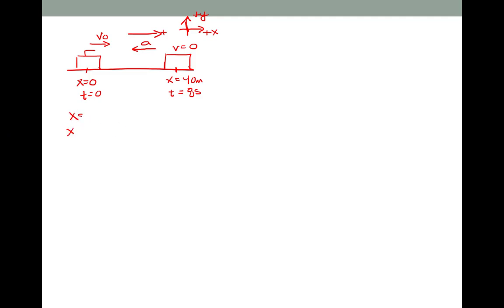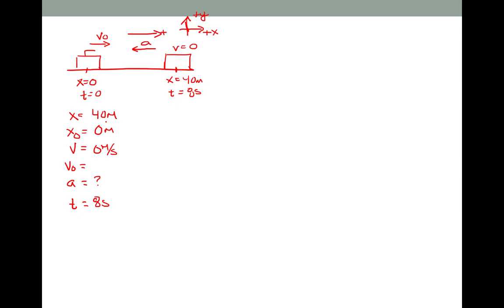Now I can define my grocery list. Okay, so t equals 8 seconds. The acceleration is what I want to know. My initial velocity, I don't know. I do know that it comes to a rest, so that's 0 meters per second for the final velocity. My initial position I set to 0. My final position I set to 40.